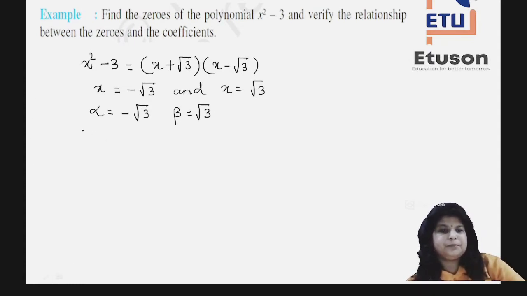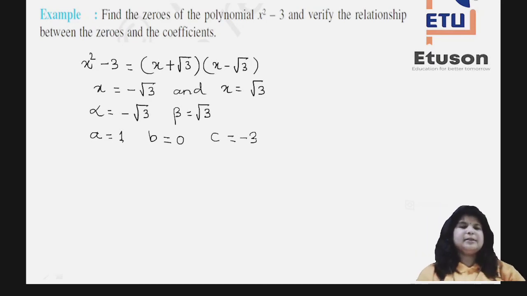So here a is equal to coefficient of your x square, that is 1. b is equal to coefficient of x, which is not available here, so that is 0. And c is your constant, that is minus 3. Correct or not?